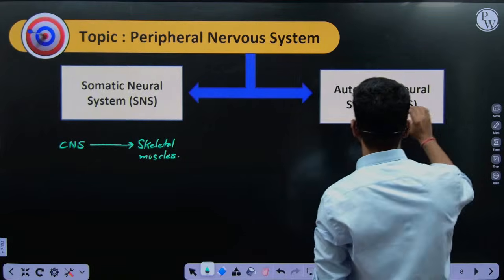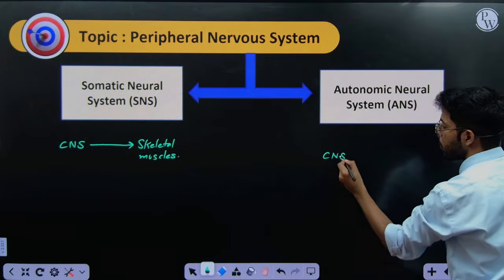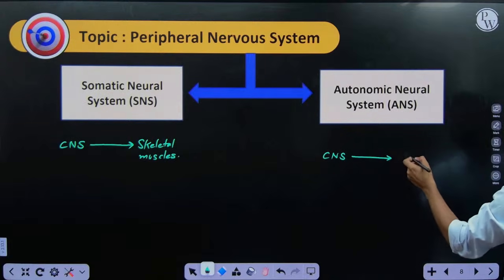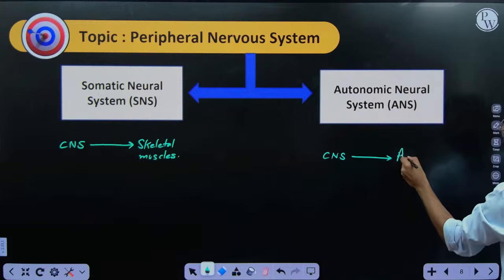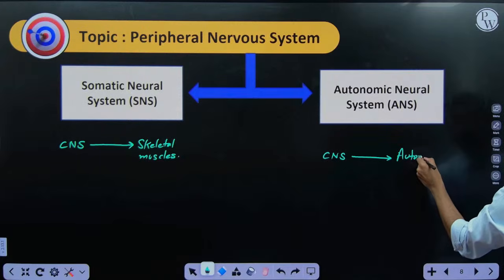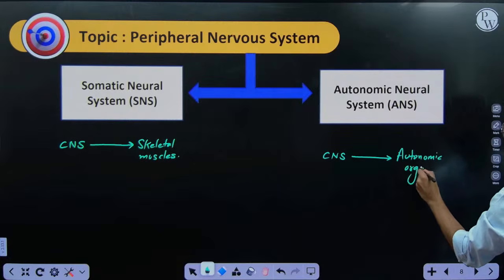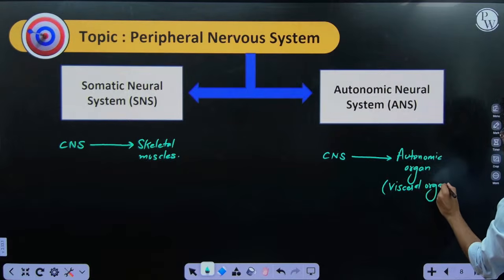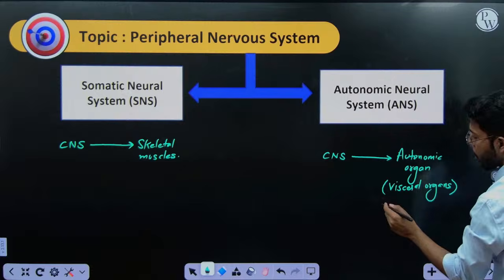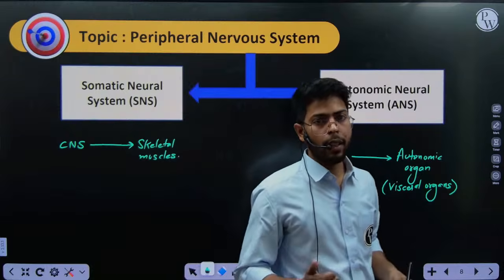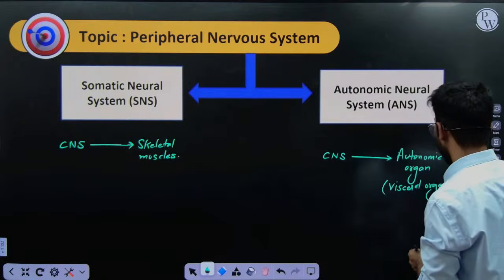And in autonomic, the CNS will give commands and send signals to the autonomic organs, or we can say visceral organs. For example, we have different kinds of visceral organs: lungs, heart, and kidney.